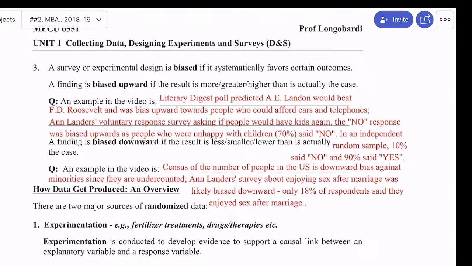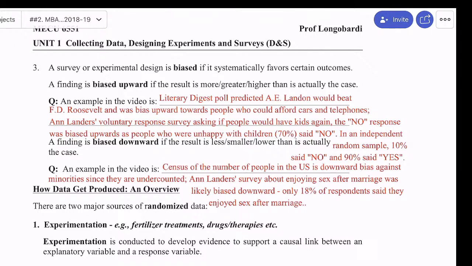So it's the way you phrase the question or phrase the statement. I could flip that and say it's biased downward, downward bias against yes. The less people said yes. So bias down.